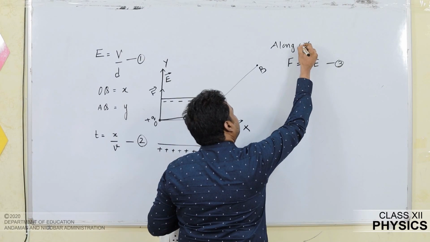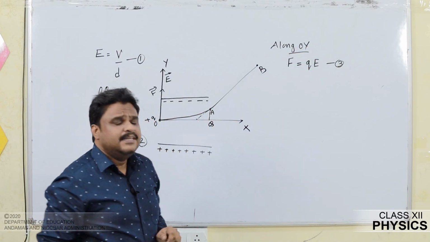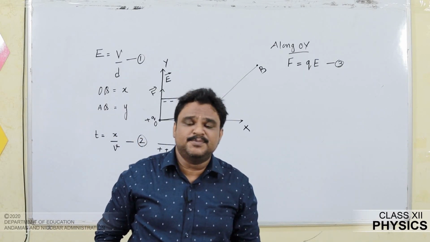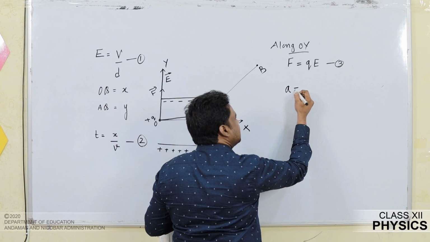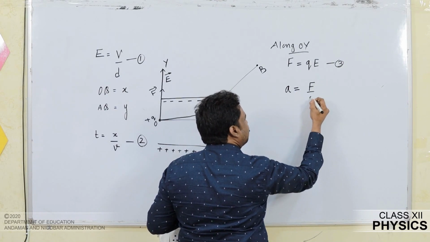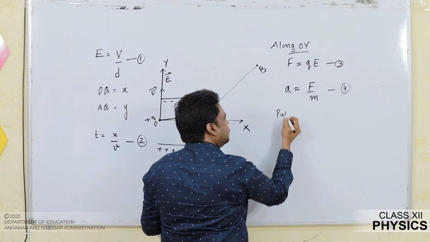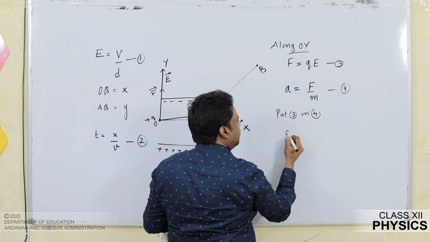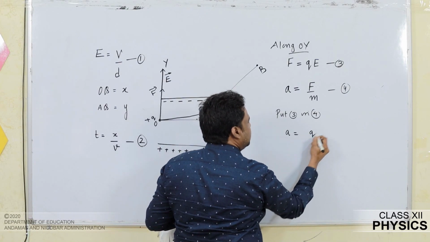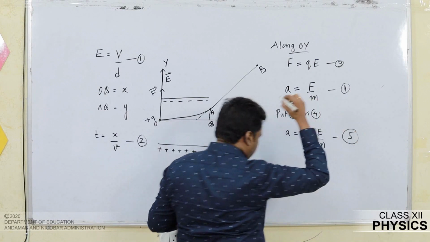Due to this force, the charged particle accelerates. From Newton's second law, A is equal to F by m. Mark it as 4. Putting 3 in 4, the acceleration comes to be QE by m, and I am going to mark it as equation number 5.